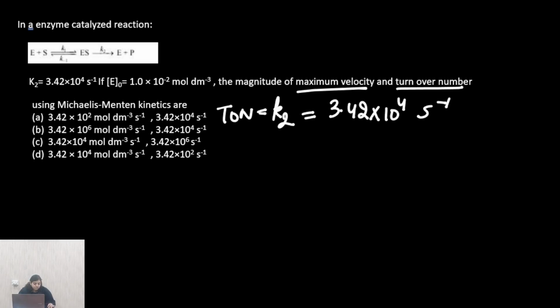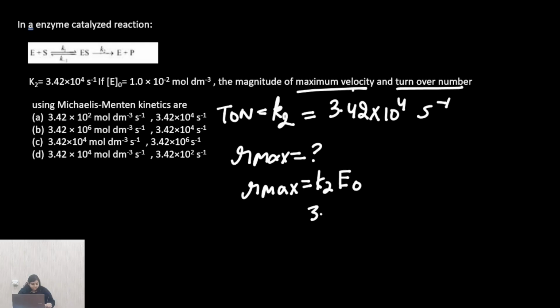Now the other thing is the maximum velocity, which means they are asking the value of R max. Now R max is equal to K2 times the E0 value. K2 is given, which is 3.42 into 10 to the power of 4. E0 value is also given, 1 into 10 to the power of minus 2.